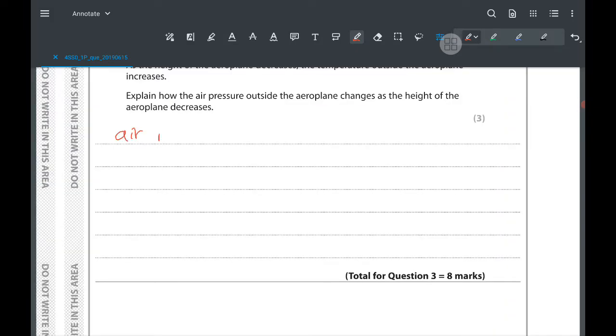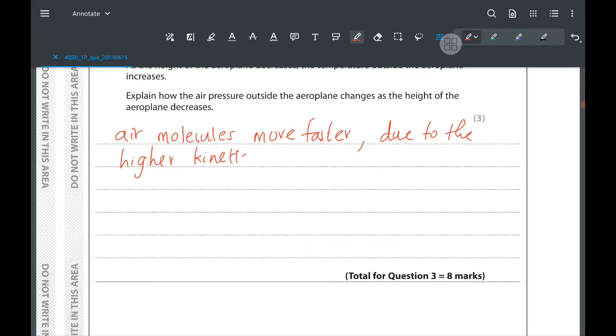Let's say air molecules move faster due to the higher kinetic energy. So since they are moving faster, the molecules will collide more often with the aeroplane.